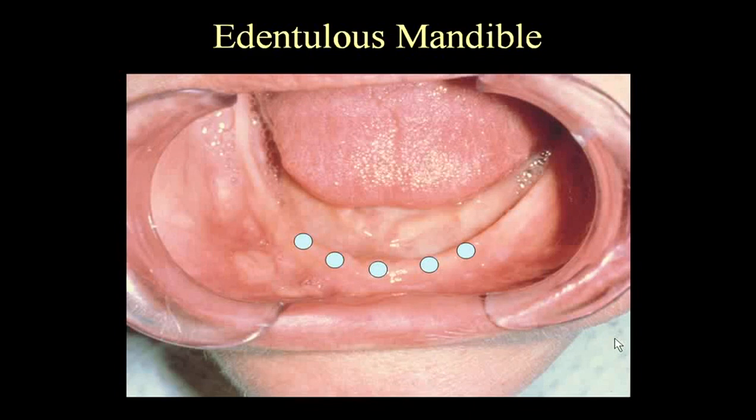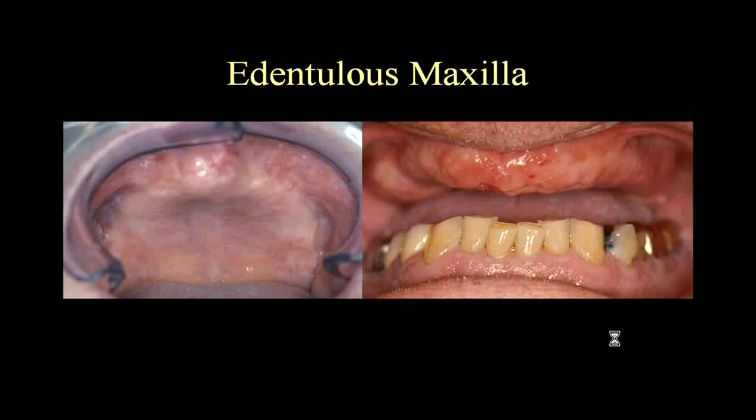This, of course, in contrast, is the placement of 5 implants in the mandible, and obviously the only major anatomical limitation here would be the mental foramen. This is more difficult, as you can see. This is the edentulous maxilla, and I would say if you want to get into surprises, maxillas are always full of surprises.